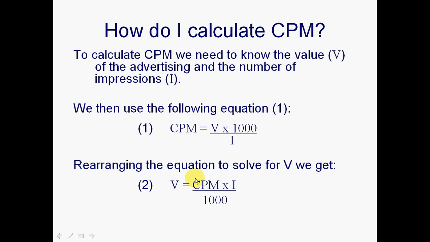We can then either apply a predetermined CPM to calculate the value, or if we know the value of the ad, we can then calculate the CPM value. Okay, hopefully that's not too confusing, and I need you to understand how those equations work and how we use them.